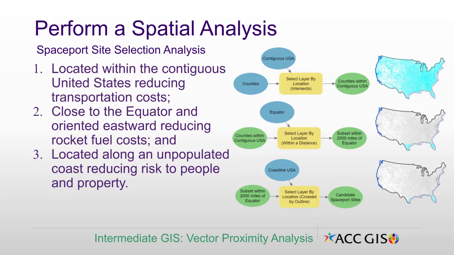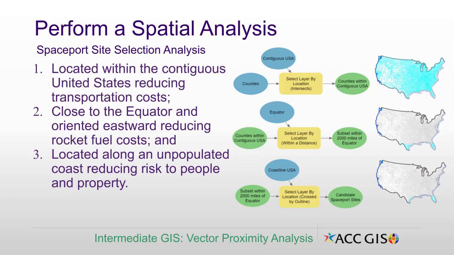But I can also diagram these individual steps utilizing Model Builder. So here you can see those same steps, but instead of a Select by Location pane, I'm utilizing Model Builder to diagram these individual steps. In the first step, for example, my inputs are set as contiguous USA and the counties, select layer by location that intersects. My output is counties within the contiguous USA.